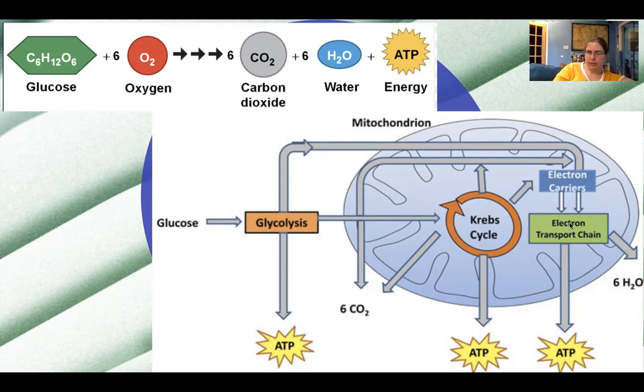Then we go to the electron transport chain. All those electron carriers deposit the electrons and hydrogen ions here. The hydrogen ions help to generate the energy by moving across ATP synthase, creating about 32 ATP, and their electrons are picked up by oxygen along with hydrogen ions to make our water.